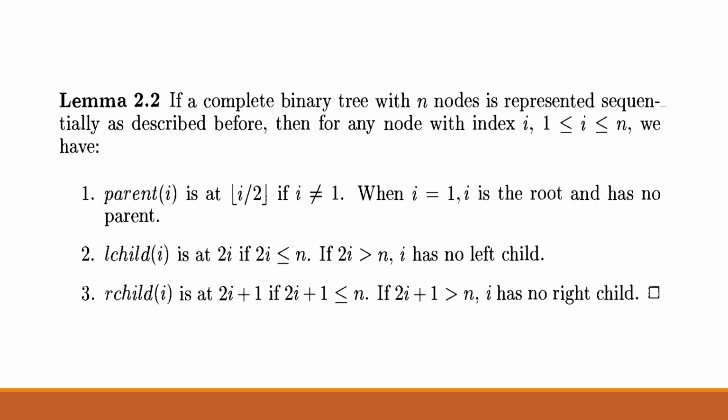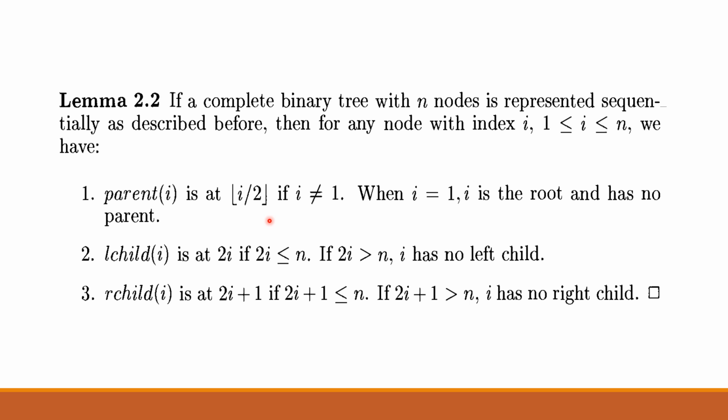For any node with index I, where 1 is less than or equal to I, which is less than or equal to n, the parent node is at I divided by 2 if I is not equal to 1. When I is equal to 1, I is the root node, which has no parent node.